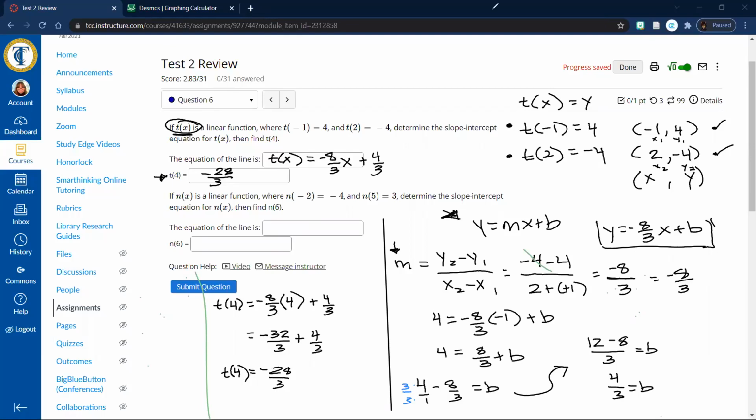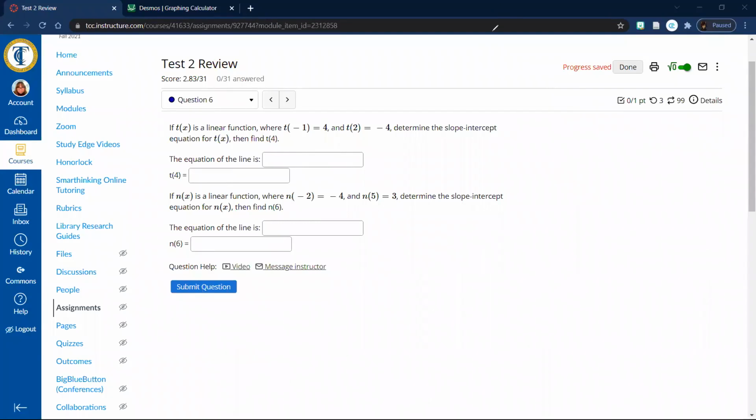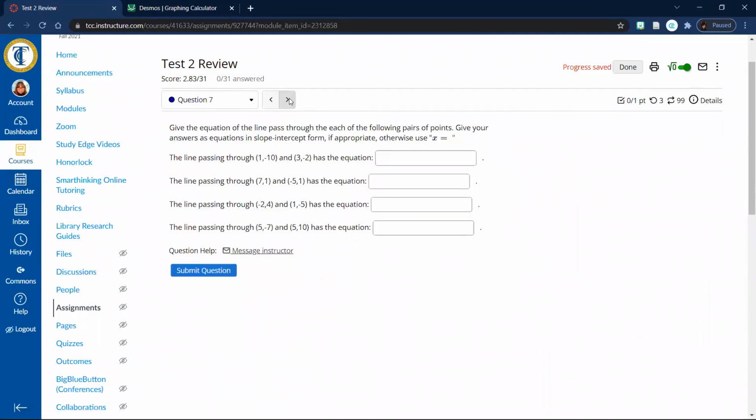Everyone feeling pretty good to move on? Yeah. All right. Okay, and we're not going to do the second one because again, it's just more of the same stuff. It's just doing points, and it's using the slope formula.